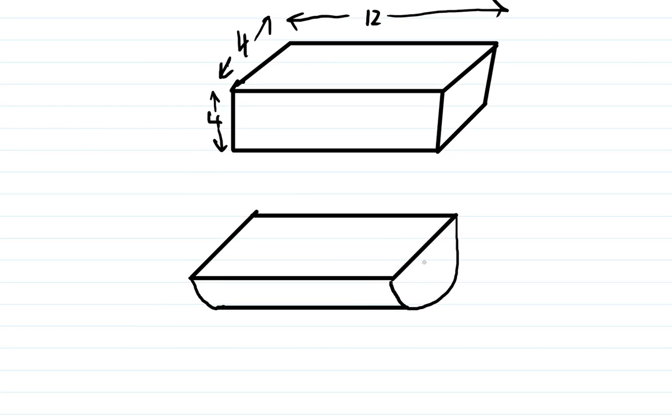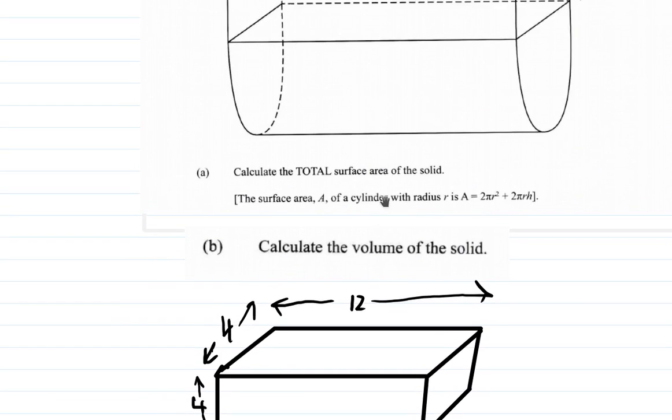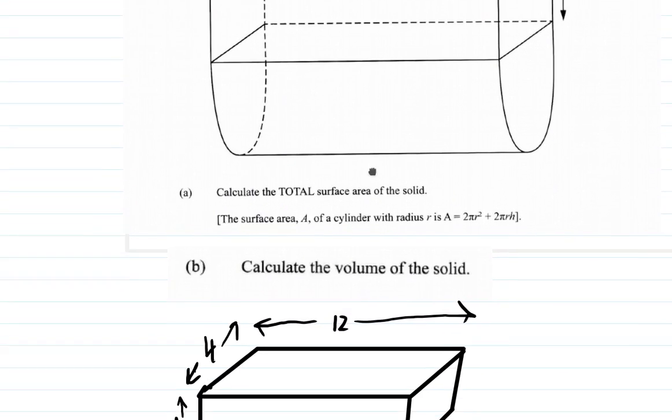But you know the radius was 2 cm. Everything in cm. And the width here is 12 cm. I didn't bother to put the cm there, but in exam you can put that. I don't want to crowd the writing too much.